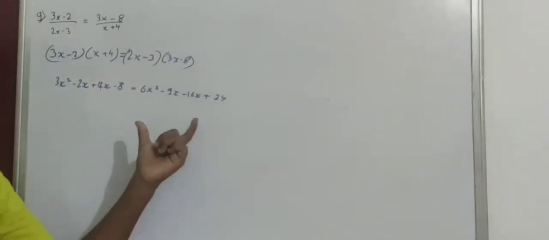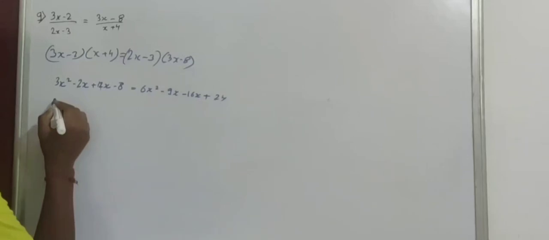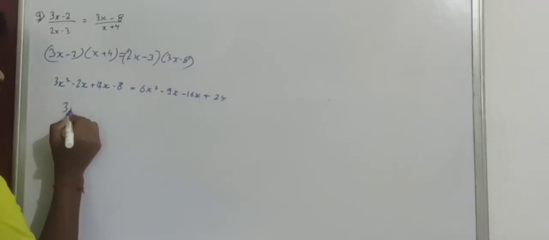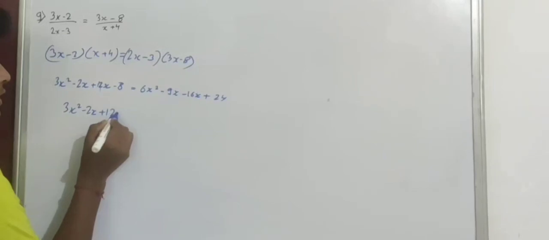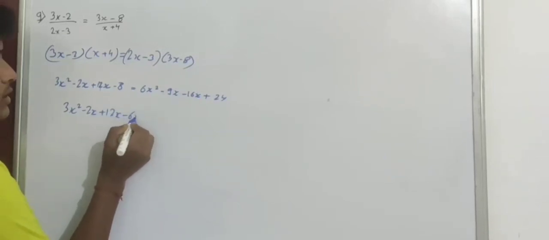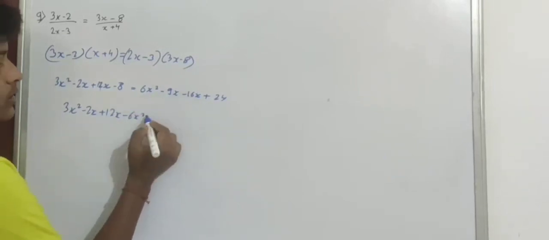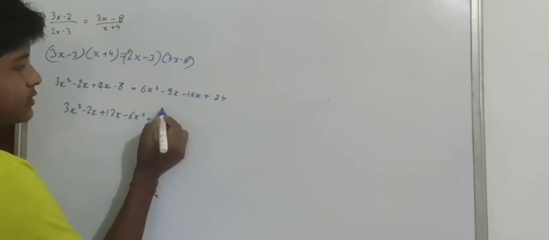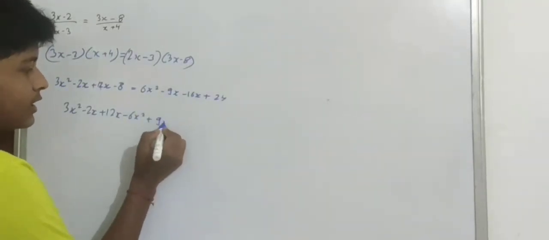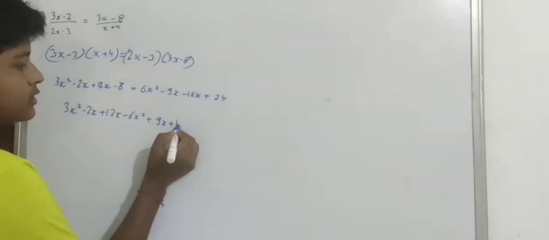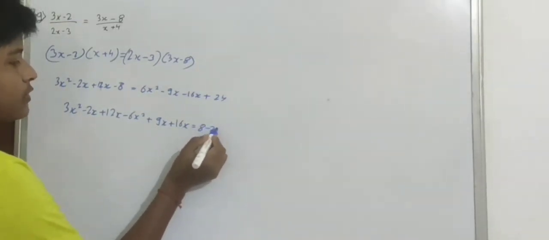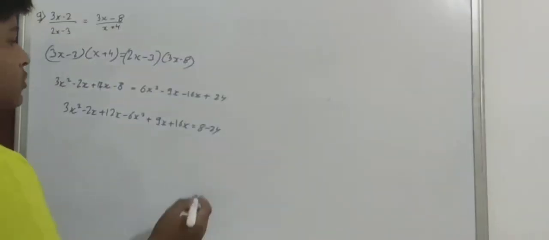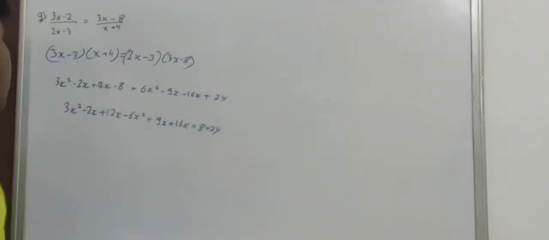Now variables on one side and constants on one side. 3x square minus 2x plus 12x minus 6x square, this and this, plus sign will be reversed, 9x plus 16x is equal to 8 minus 24, sorry, plus 24.